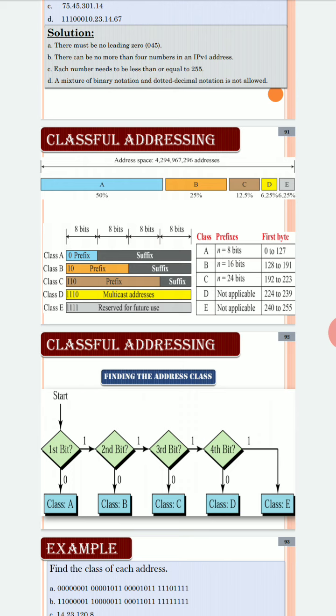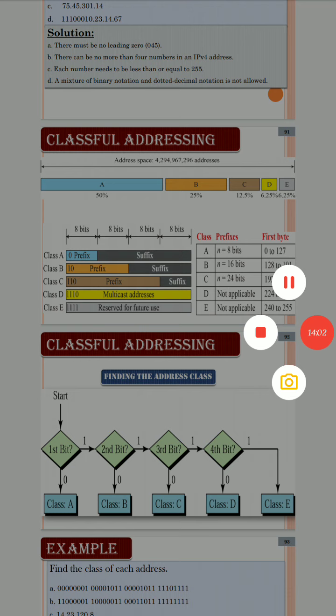The last one is class E addressing, wherein the first 4 bits are 1111, and this is kept for future use. Presently we are not using class E.